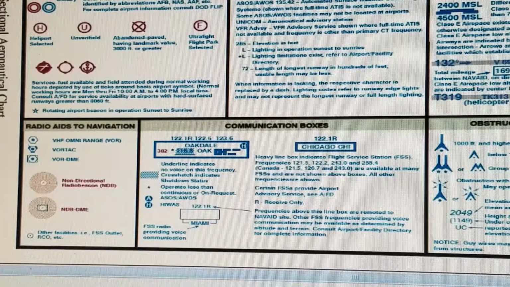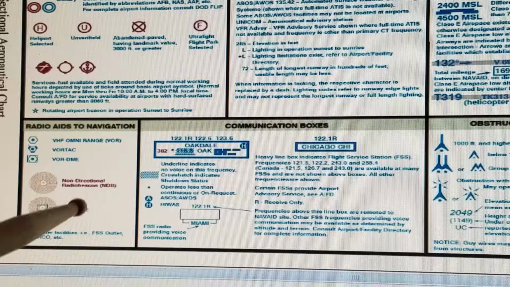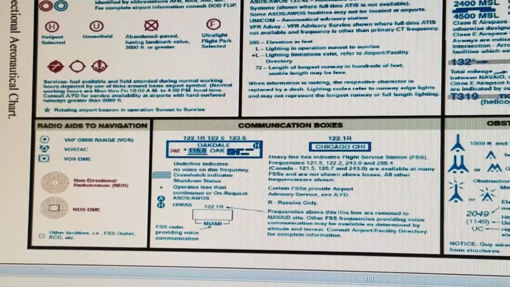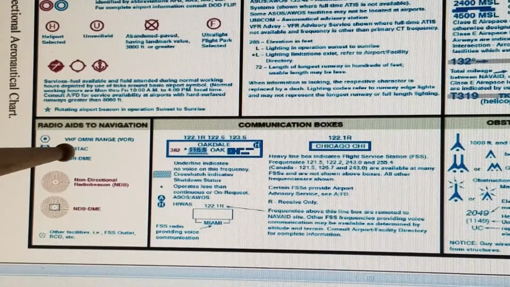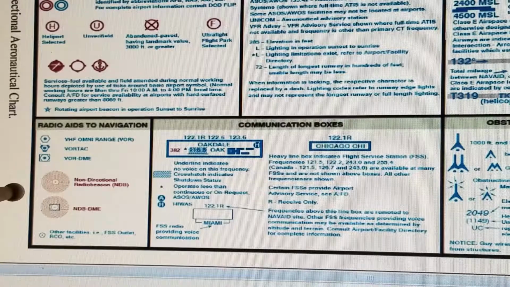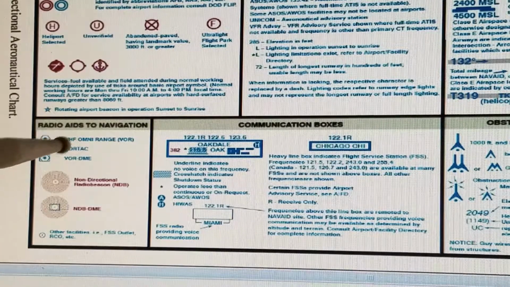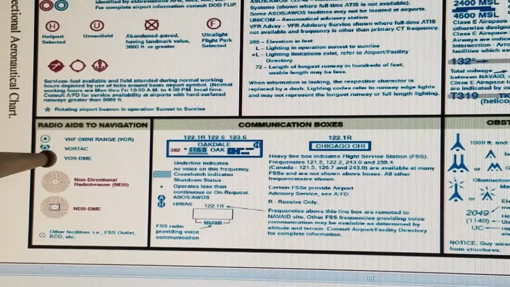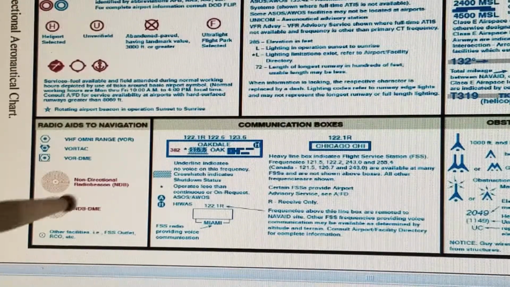And also, folks, I would bring your attention to this area on the sectional aeronautical chart, radio aid and navigation. These symbols are good to know, but in fact all these navigation aids are going to be replaced by ADS-B. The first symbol is VHF Omni Range, then VOR TAC, VOR DME, and non-directional.